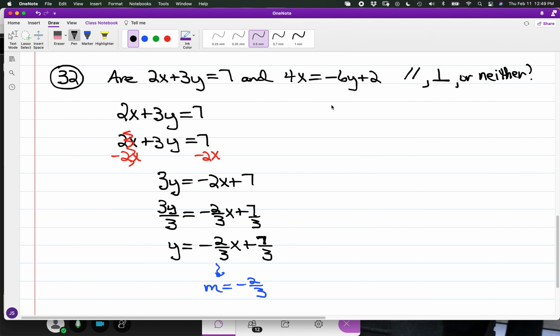Now for the case of the second line, we have the y term on the right hand side of this equation.